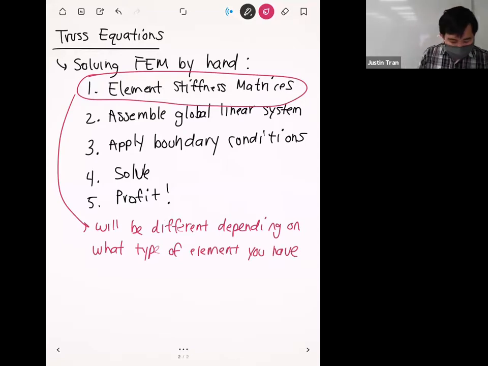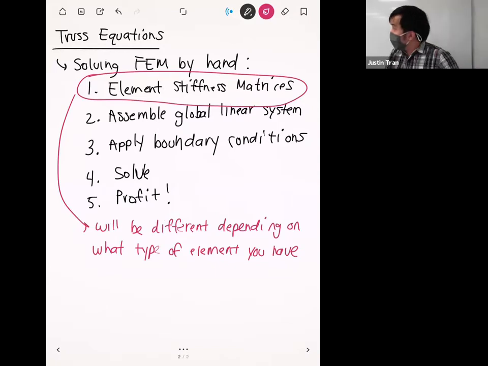And so today we're going to be introducing a new element type called trusses. And you'll see that the truss has its own unique element stiffness matrix. But before we launch into the specifics of truss elements, I want to remind you of this whole process, because we're going to be following the same thing by hand for every single element type.